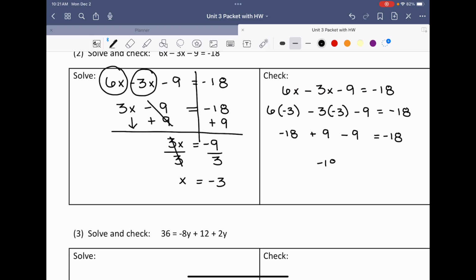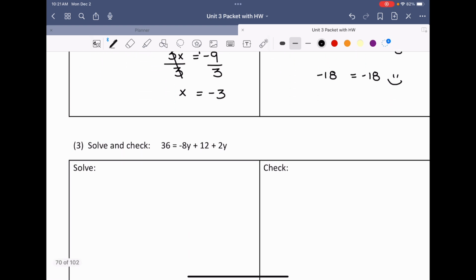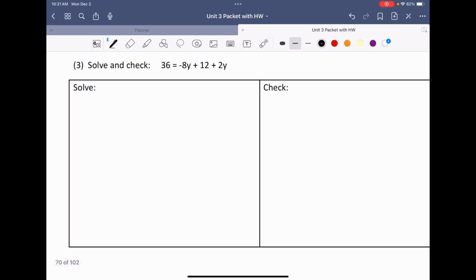It should check out for you. Make sure you're showing all those steps for your check. Don't skip any. All right. Next one. All that's happening here is what's on our equal sign, the sides are just changed. We're going to solve it the same way.